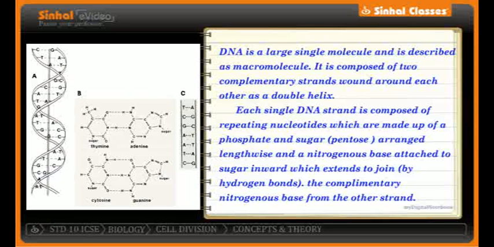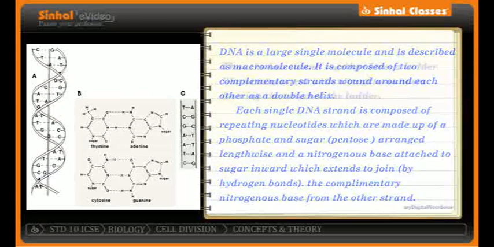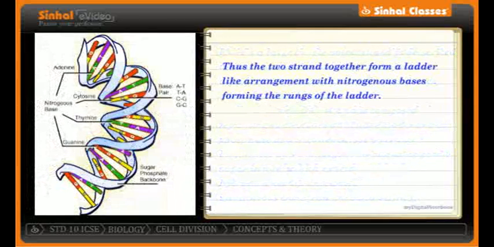The two strands are connected to each other with the help of hydrogen bonds. The complementary nitrogen bases are on the other strand. Thus, the two strands together form a ladder-like arrangement. The rungs of the ladder are the nitrogen bases.